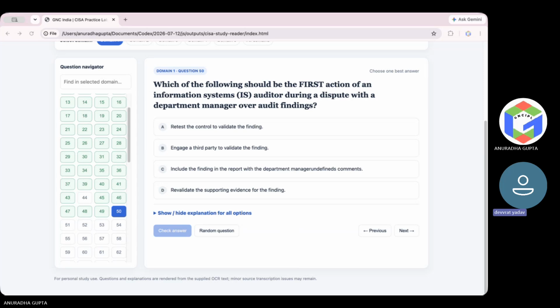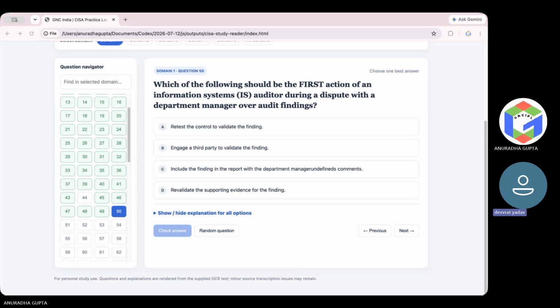So which of the following should be the first action of an information system auditor? First action. Revalidate the supporting evidence of the finding. Retest the control to validate the finding.